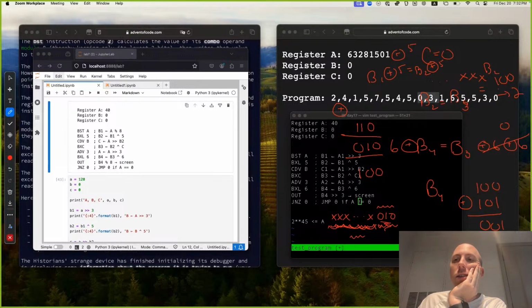So this is equal to B1 then. So B1 is just equal to 1. And then we have B1 is equal to A mod 8.